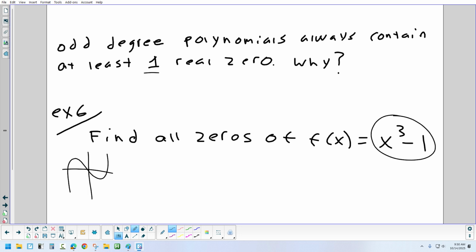We could also get all real answers, but only have 2 distinct. We could have something like this. Either way, when you're graphing, we could tell both of these cases mean you have all real solutions. 3 distinct, only 2 distinct. 1 is a repeat, which is okay.